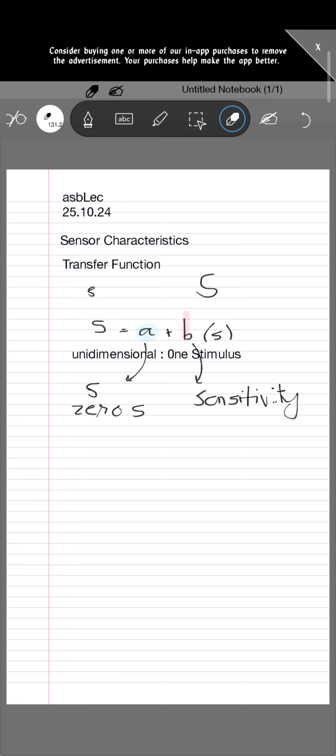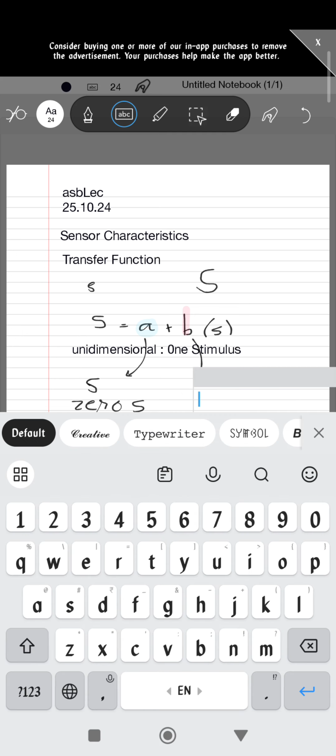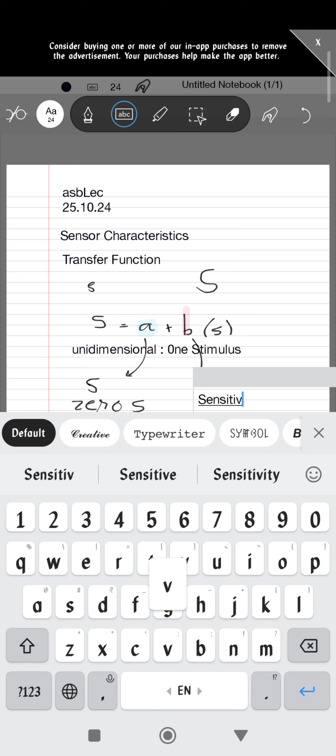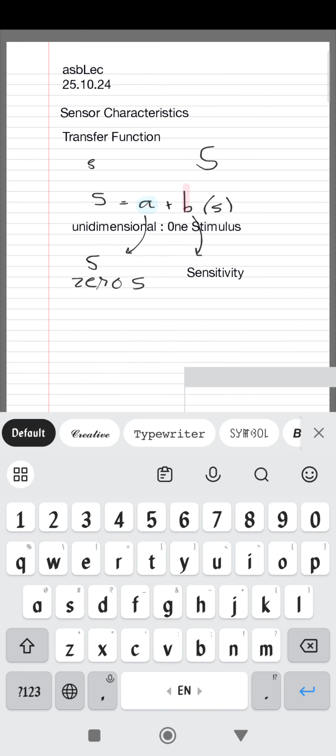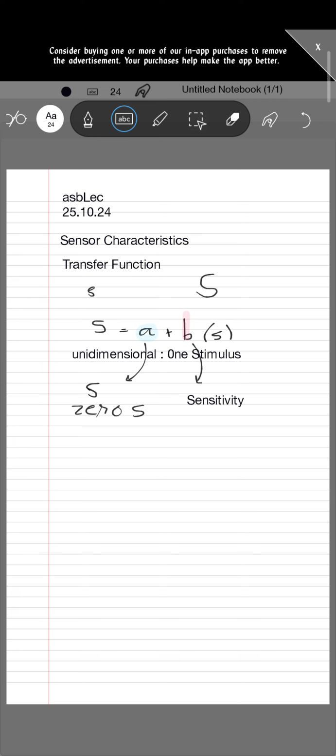There can be other sensors also where there may not be a linear function of the stimulus and the output, like a logarithmic sensor, where the output is equal to a plus b ln s.